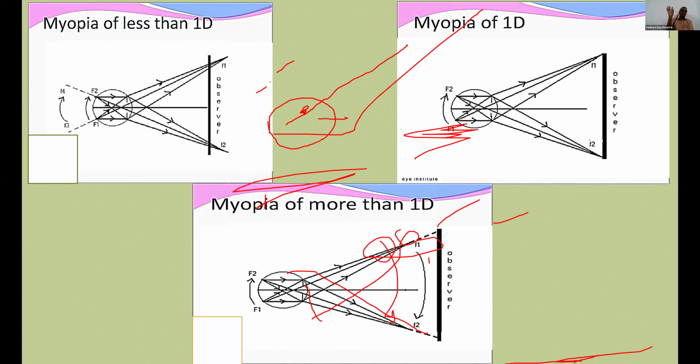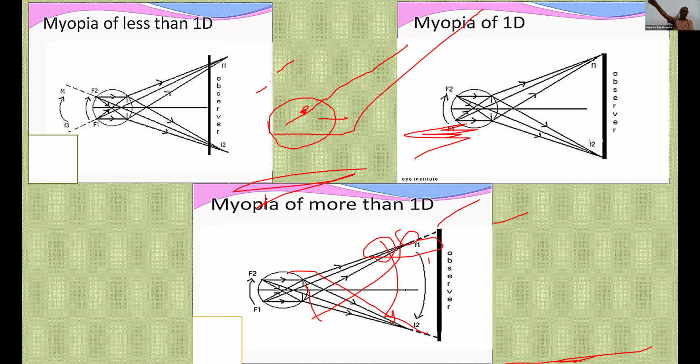These are the diagrams you are supposed to draw. If you want to see a very simple one, the diagram is classically given in the Agarwal book. Have you heard about Agarwal's refraction? It's available in your library, even in the hospital, and you can draw it. No need even for 3 rays.